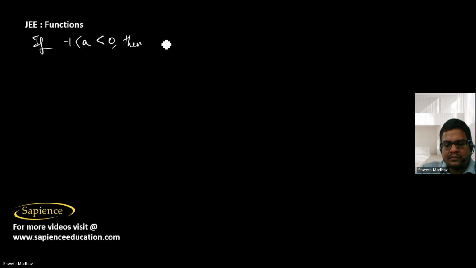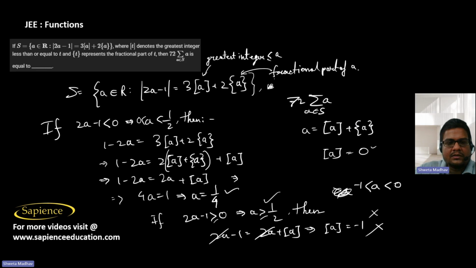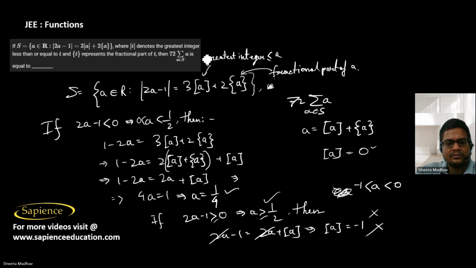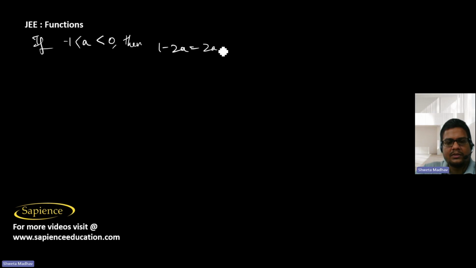Now suppose if I take a less than 0 and greater than minus 1, then we can say that this will be 1 minus 2a, that is equal to 2a plus bracket a.